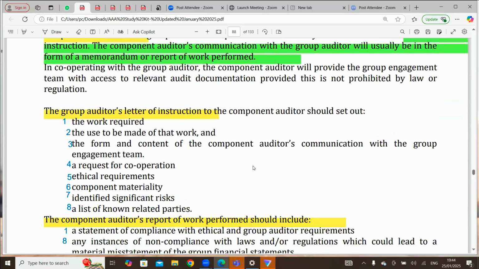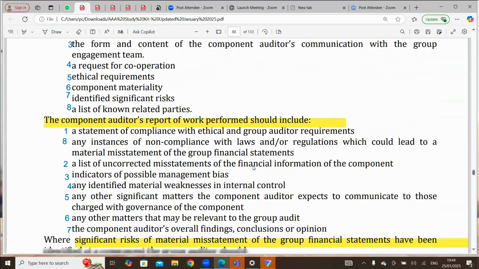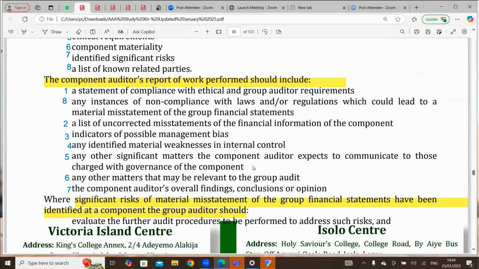Exam question 2: listing out the content of the letter of instruction: the work required, the use of the work that is required, the form and content of the auditor's communication, a request for cooperation, ethical requirements, component materiality, and the identified risks. Similarly, the component auditor responds based off of the questions that have been asked in the letter of instruction.